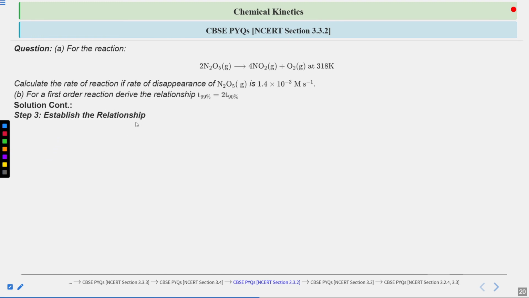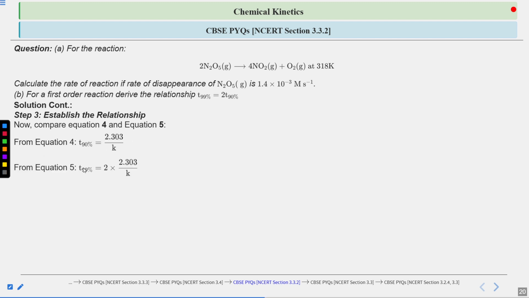Now let's establish the final relationship. Compare the fourth and the fifth equations. Equation 4 includes the value of t at 90%. Equation 5 includes the value of t at 99%. So from equation 4, t 90% is 2.303 by k.